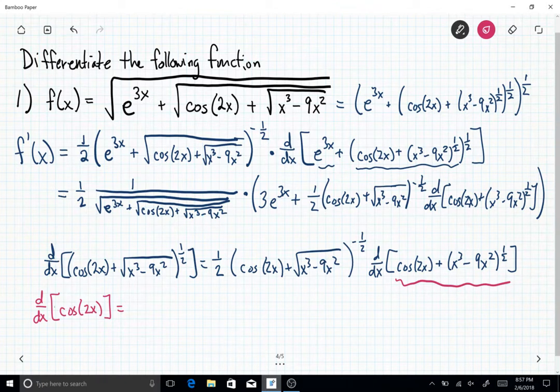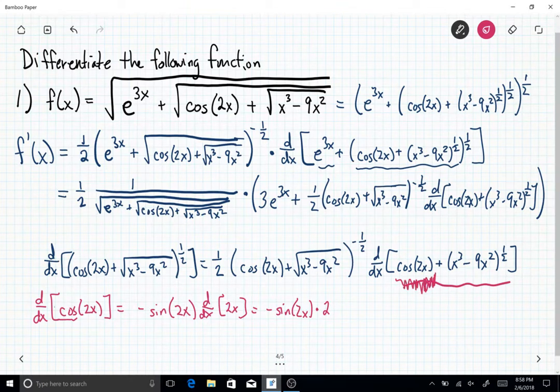Notice we're going to need to use the chain rule. The outermost function is the cosine. And so the derivative of that is negative sine. And so we put the original function on the inside, and then times the derivative of the interior. Now what's the derivative there? Well, you get negative sine of 2x. The derivative of 2x is just 2. So multiply by 2.